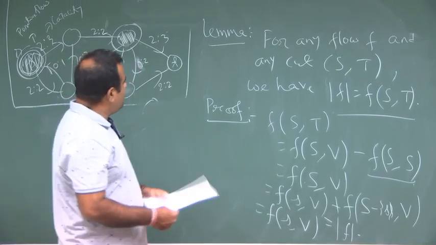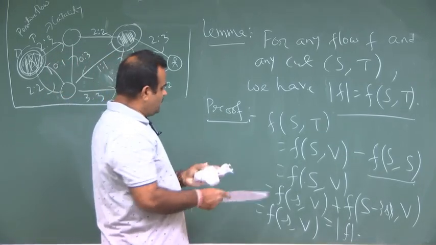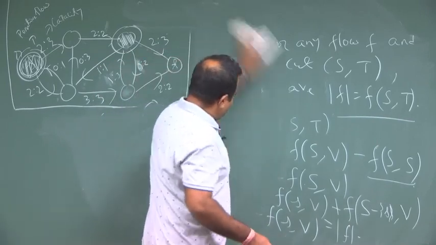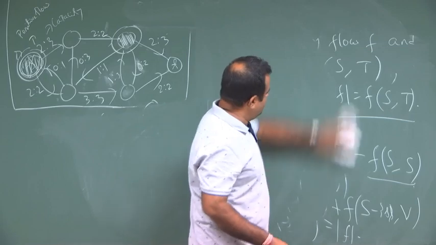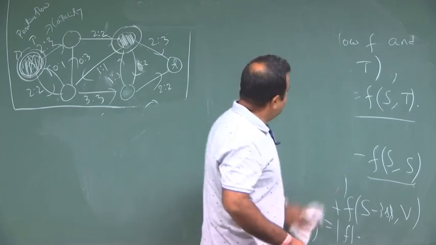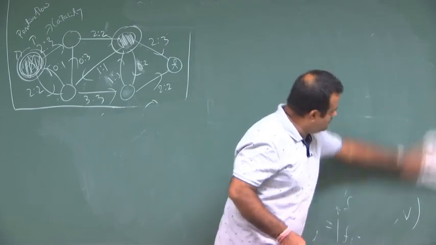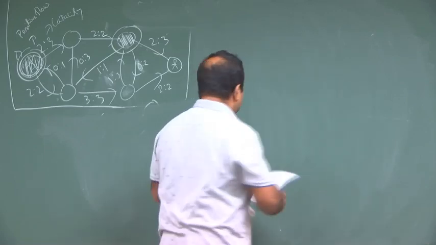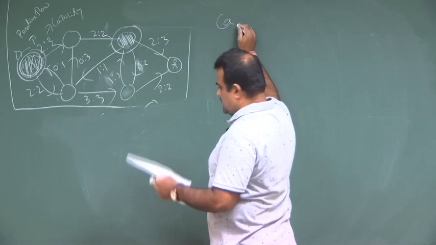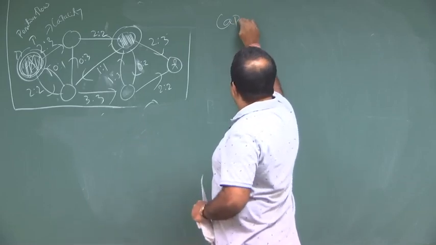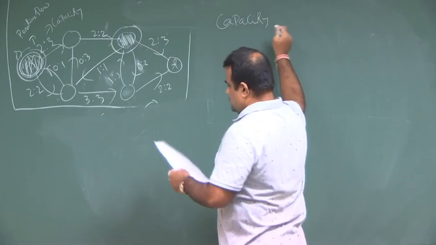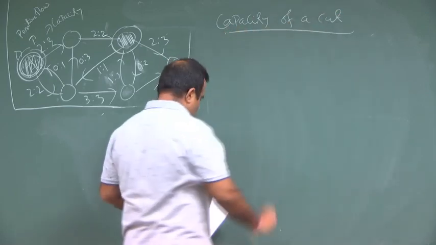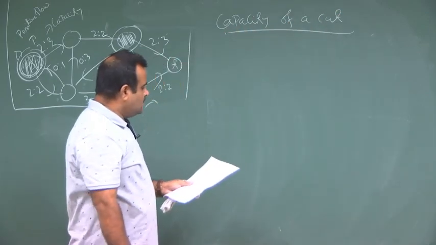Okay. So, now we define the capacity of a cut. This is basically the sum of the capacity on the edges across the cut. How do we define that?